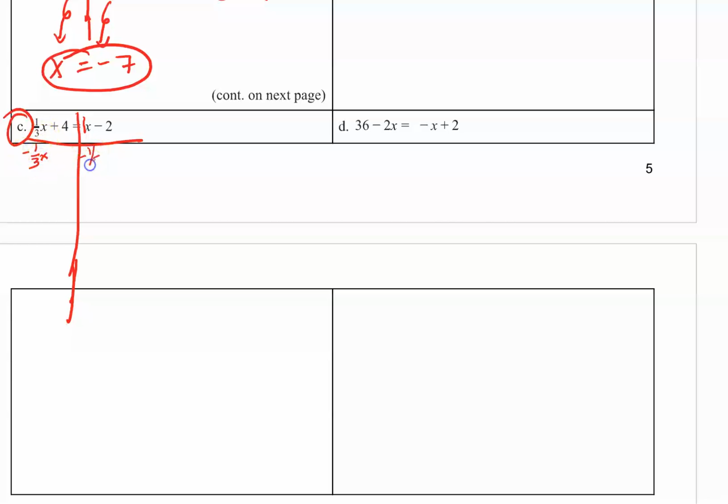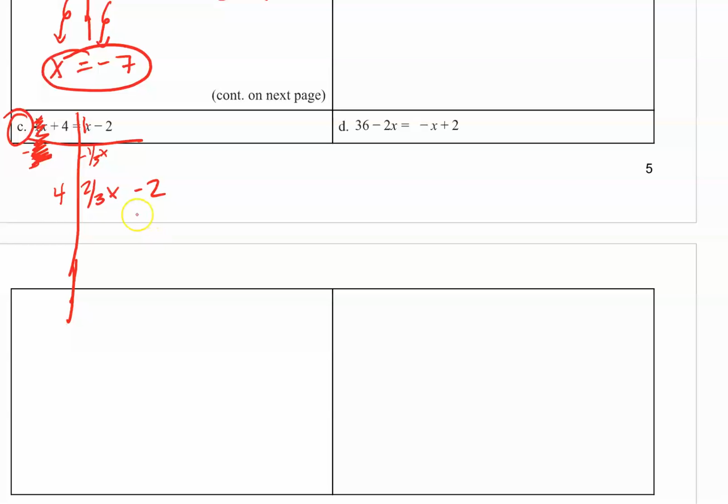I also have to subtract that on the other side, so I'll take away 1/3 x from both sides. On the left side, that's easy. That's a 0 pair. It cancels, leaving 4. And on the right side, if I have 1 and I take away a third, how many are left? 2/3, right? 2/3 x. So 2/3 x minus 2.